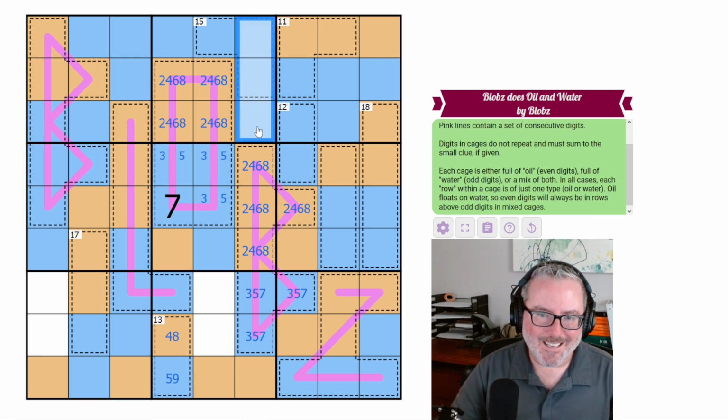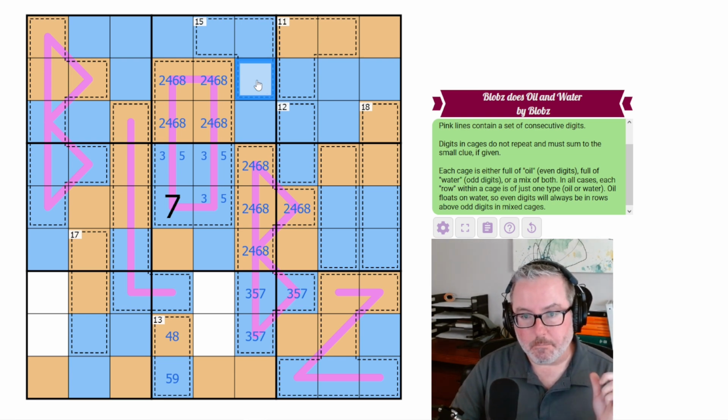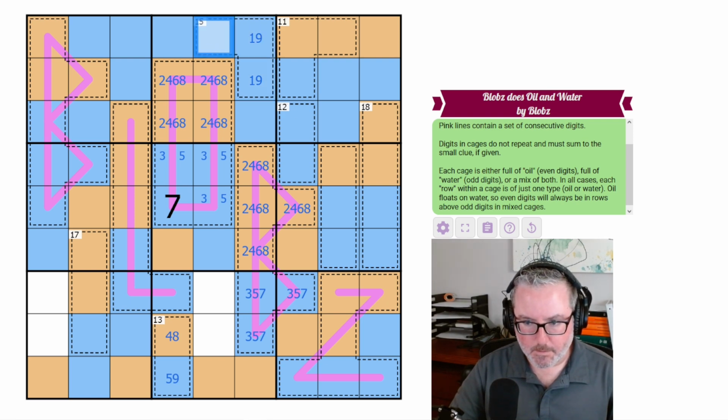We know there's a 1 and a 9. Okay, maybe that's what it is. Because we have to have a 1 and a 9 here, which means one of them has to be in this 15 cage. Now, if one of them's in the 15 cage, they both have to be in the 15 cage, because they must be paired with a 5. So it was either going to be the 735 or the 915. Now we know one of these two must be 1 or 9, so therefore both of them are 1 and 9. This has to be 5. And these have to be from 3 and 7.